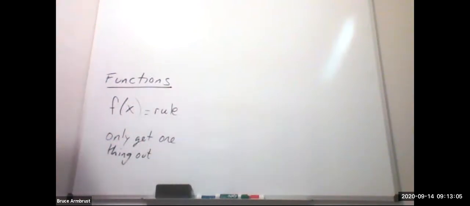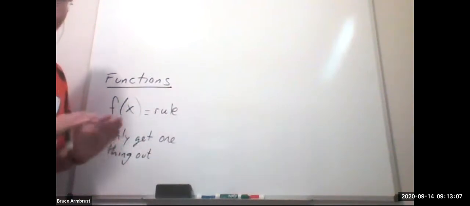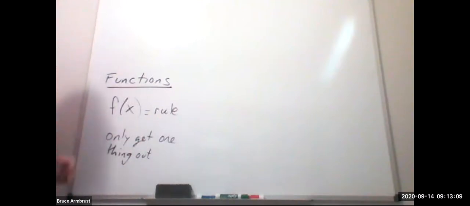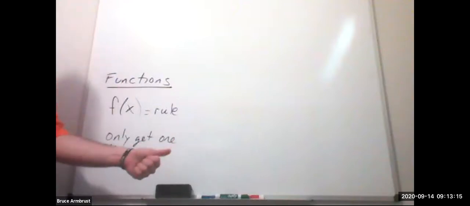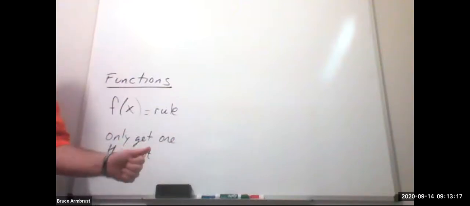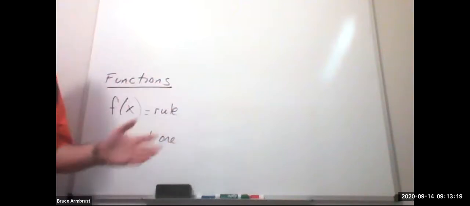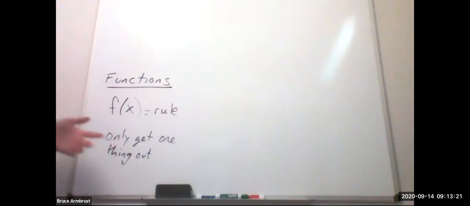So I like to think of it as there is no or. There's never an or. For a function, you put something in, you get one element. There is no choice. It's this and this alone. Okay, so that's kind of important. Remember that we only get the one thing out.